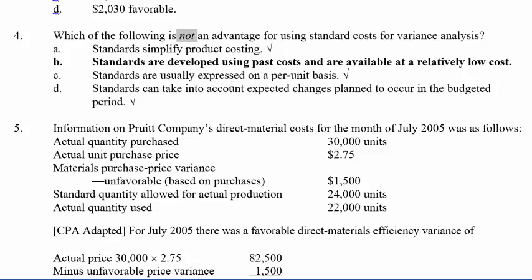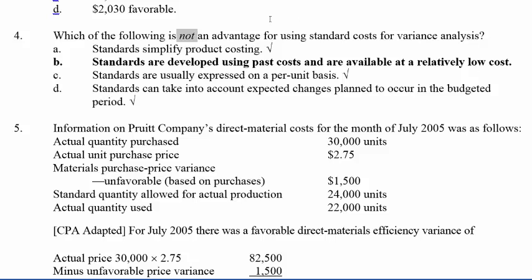And our standards can take into account expected changes planned to occur in the budgeted period. Not only what we expect to pay for items, but improvements and efficiency gains that we strive to make in that continuous improvement environment that we need to be pushing.